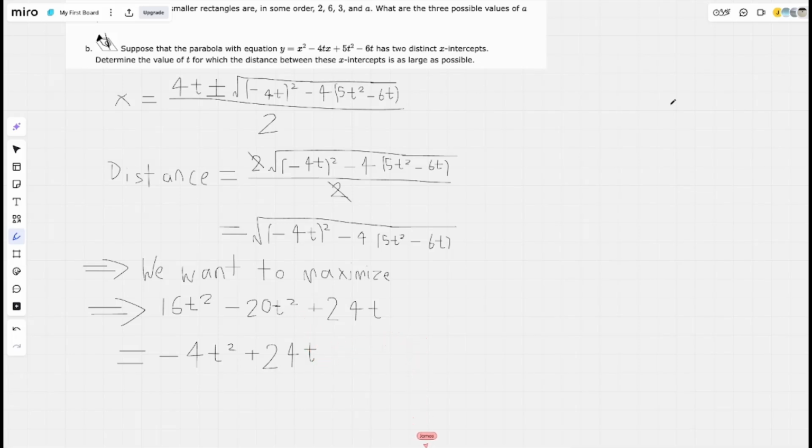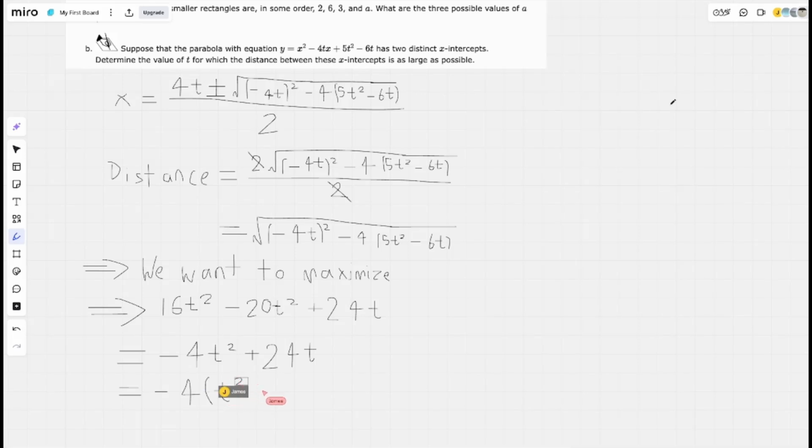The most common way of doing this is just by completing the square, because when you complete the square, then you have an expression that could be very easily maximized.